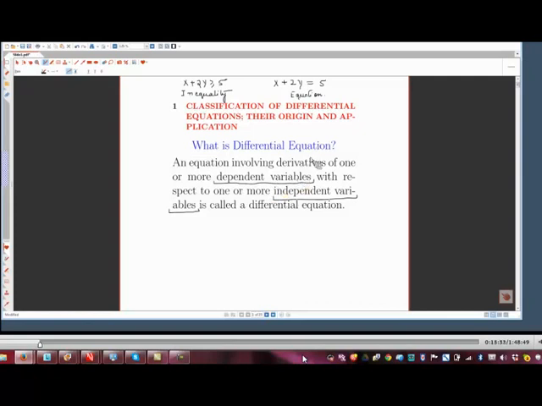We are talking about an equation containing derivatives. So an independent variable is a variable with respect to which the unknown function is differentiated.